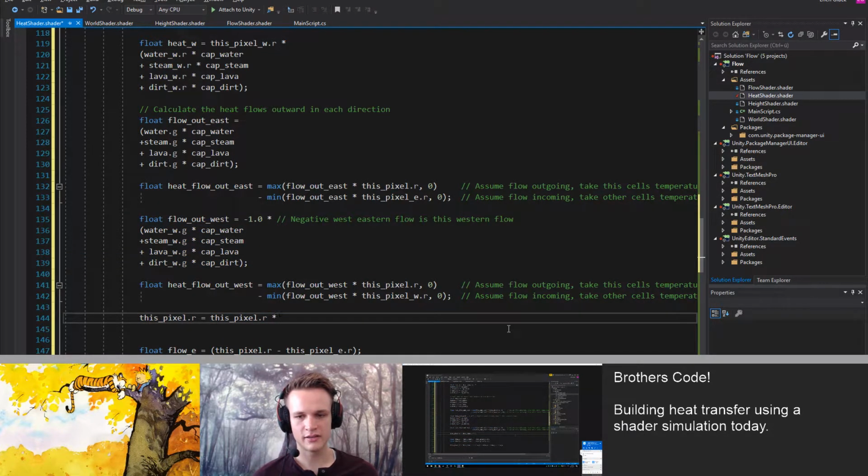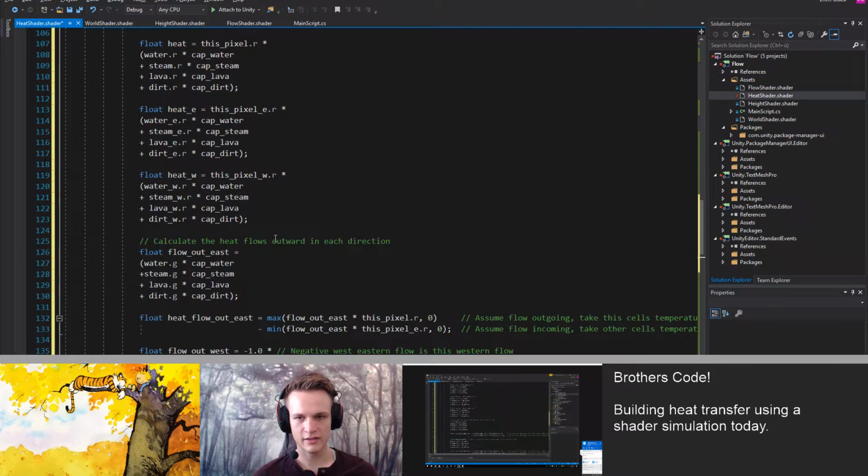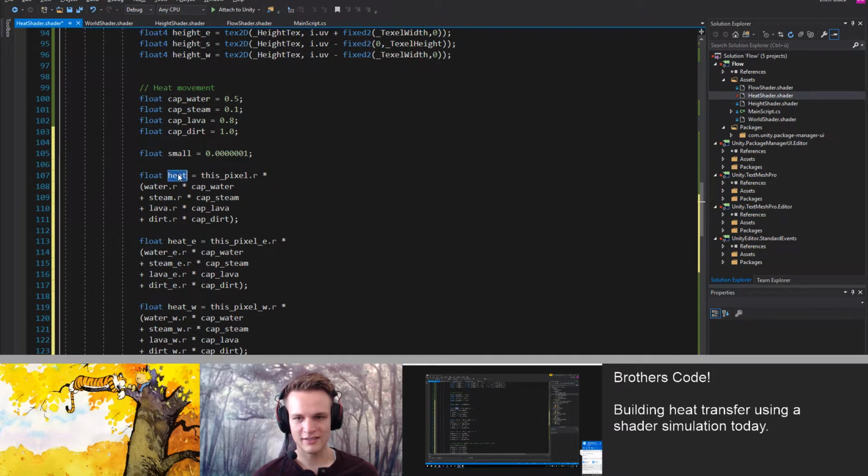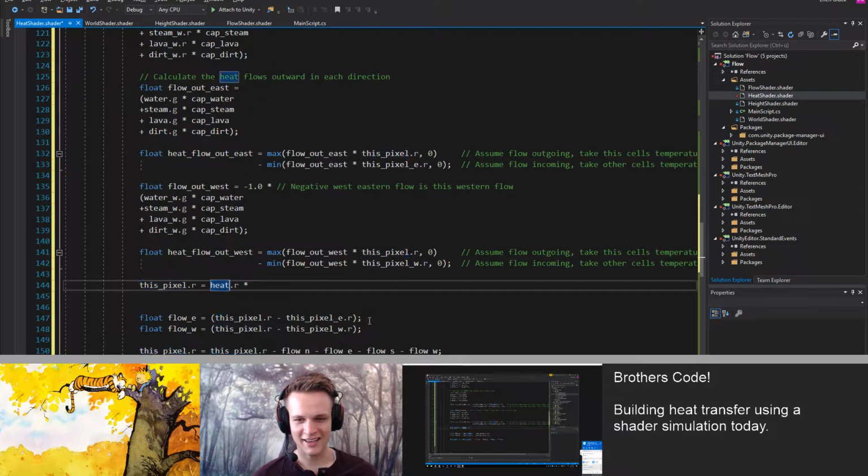We did that already. Add the heats. Oh yeah, we did. Saved you some typing. All right. This pixel's heat plus some stuff, or minus some stuff because it's out. Minus out east, minus out west.